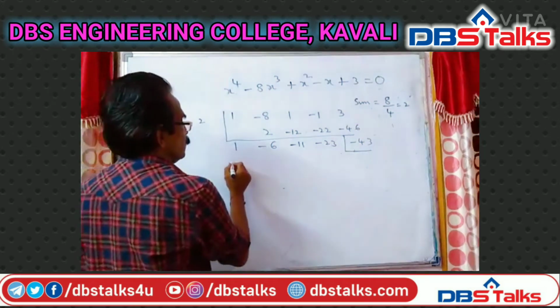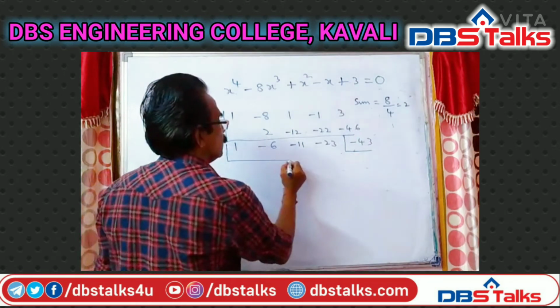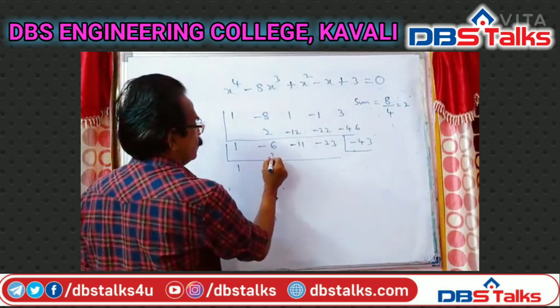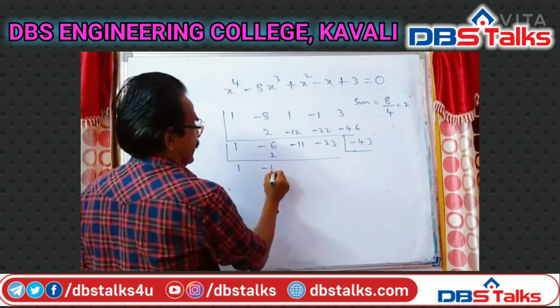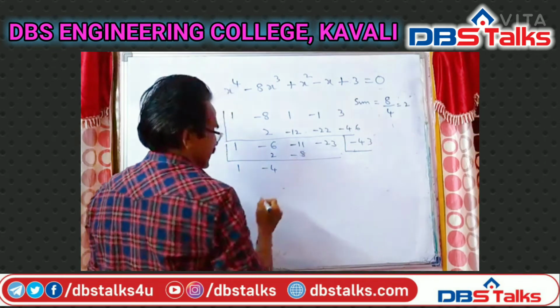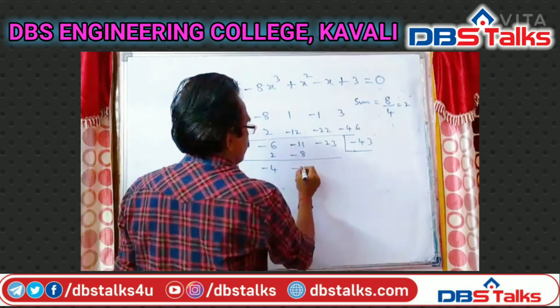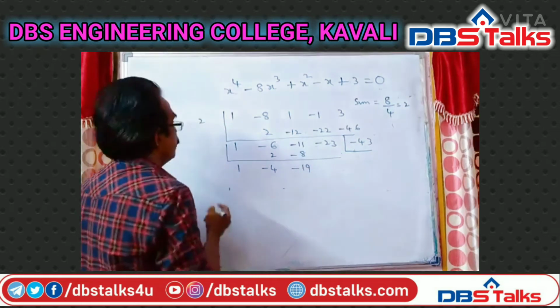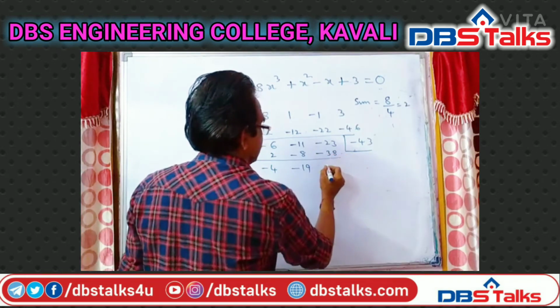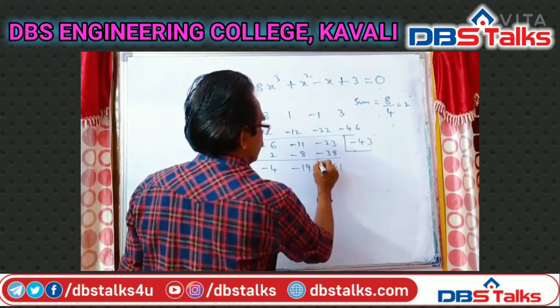Again with the 2, 1, 2 into 1, 2, minus 4, 2 into minus 4, minus 8, minus 19, 2 into minus 19, minus 38, minus 61.